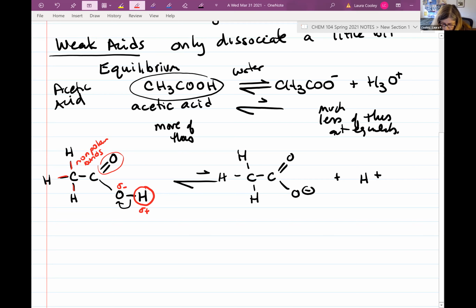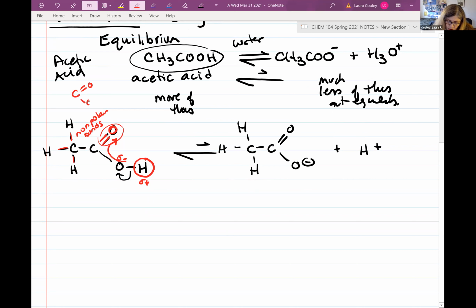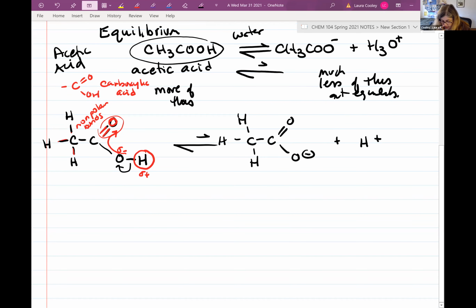That's because this oxygen here makes this a carboxylic acid, and it pulls electron density away from the hydrogen. So another highly electronegative oxygen is what makes the C double bond O, OH group what we call a carboxylic acid. You will see that a lot more if you take organic chemistry.